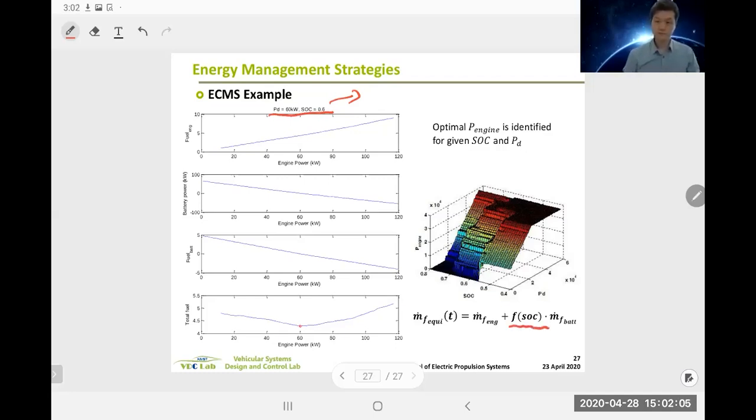Okay. So once this coefficient is determined, we need to now compute this and this, right? So that we can compute the total equivalent fuel consumption.